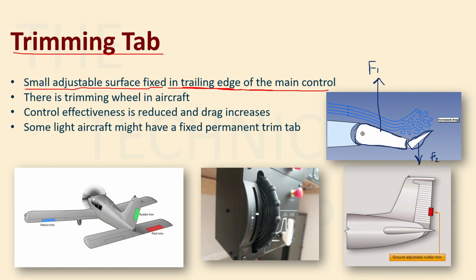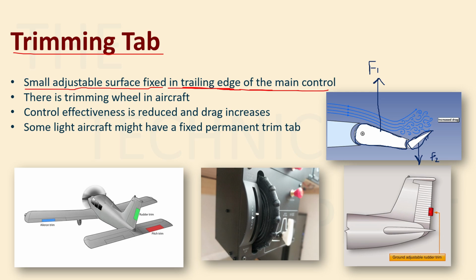One more thing from the last lecture, if you remember, your F2 will be smaller than F1. Why is that? It is because the forces depend on the size of the controls. In this case, the size of your tab is smaller than the size of your control surface. That is why the force generated by the control surface will be larger and the force generated by the trimming tab will be smaller. All right. So this is the difference between the forces.